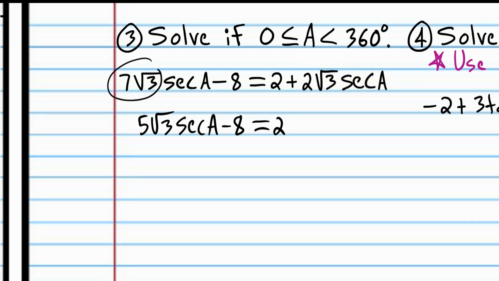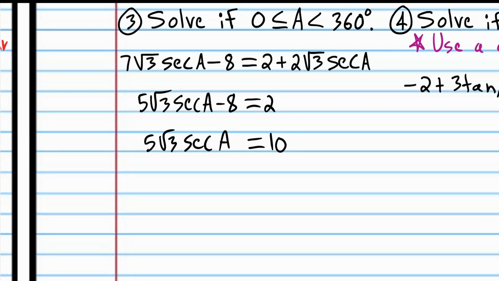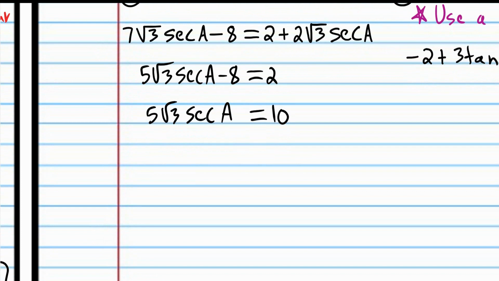And so I had 7 root 3 secant a minus 2 root 3 secant a is equal to 5 root 3 secant a. Then I'm going to add 8 to both sides. And I'm going to divide both sides by 5 root 3.